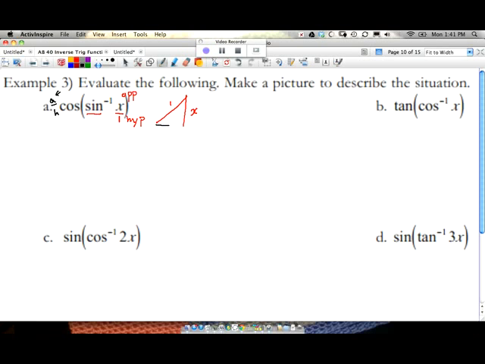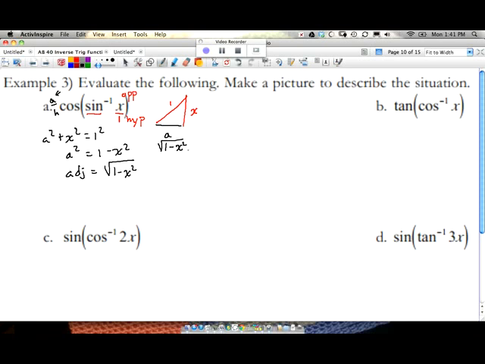We'll just call it A. Well, I know that A squared plus x squared, so the adjacent side squared plus x squared equals 1 squared. So if I do some algebra here, I get this, and then even further, the adjacent is square root of 1 minus x squared. So this piece here is square root of 1 minus x squared.